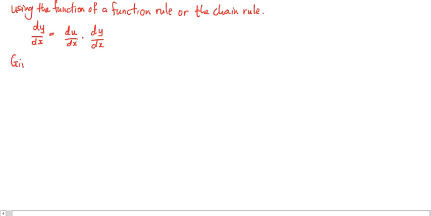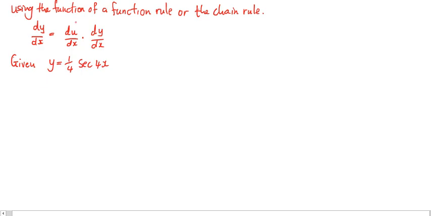So let's say you're given y equals 1 over 4 sec of 4x. This is a function of a function because directly from the rules we cannot get a derivative of sec of kx, so we can apply the rule in our case.